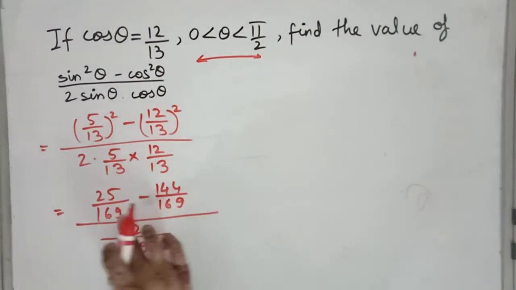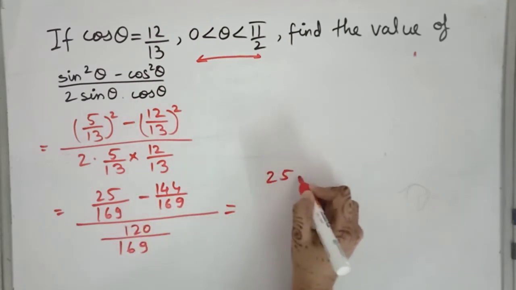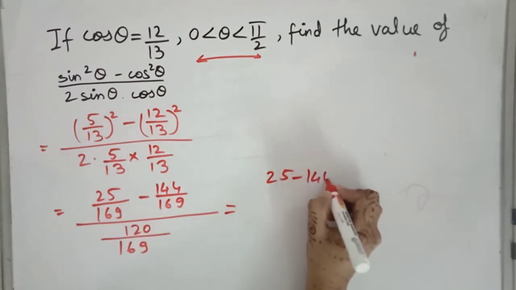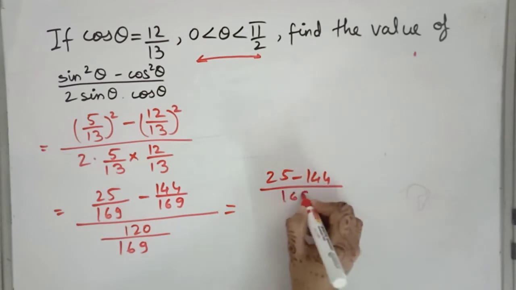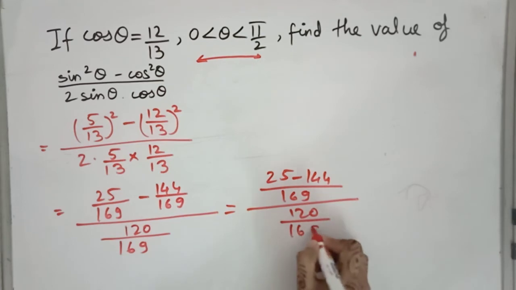Now we know 169 is the common denominator, so we will subtract 25 minus 144 upon 169 upon 120 upon 169.